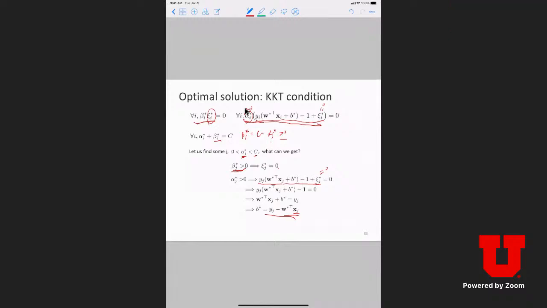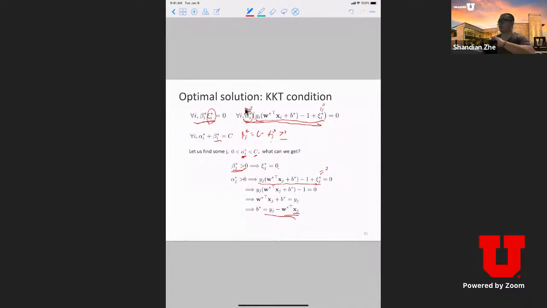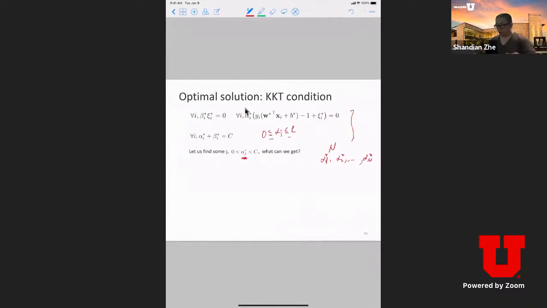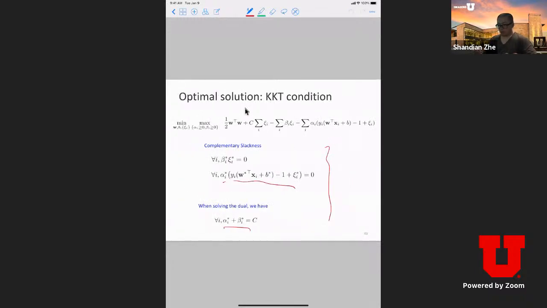But this is an explicit solution for b star, as a separate standalone variable. You can use the notation simplification trick we mentioned before, where we fold b into w, but the problem is that when you derive the dual form and simplify it, I'm not sure if you get similar results.